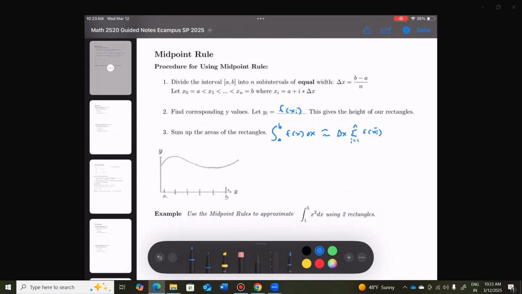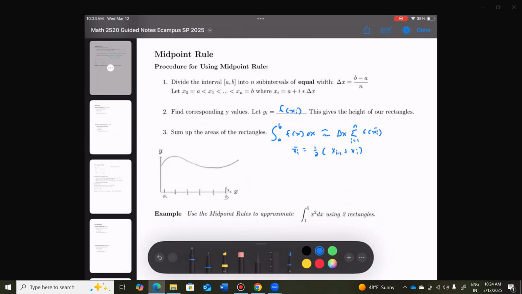Well, x sub i bar is equal to 1/2 times x sub i minus 1 plus x sub i. So it's basically the average of the previous x sub i and the next x sub i.